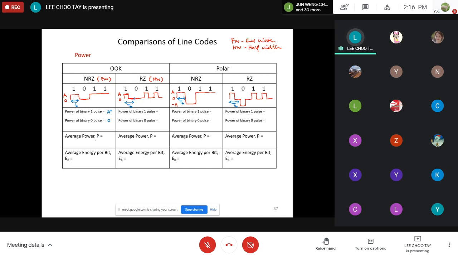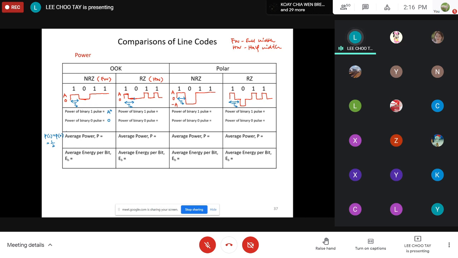Average power. What is the average power used then? Again, we compute average power based on the assumption that the probability of 1 is the same as the probability of transmitting a 0, which is half.